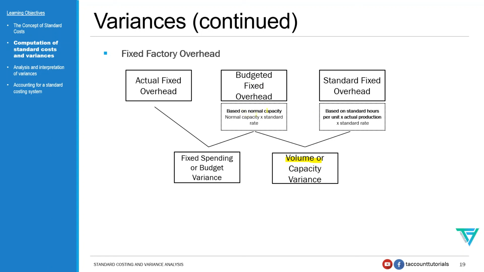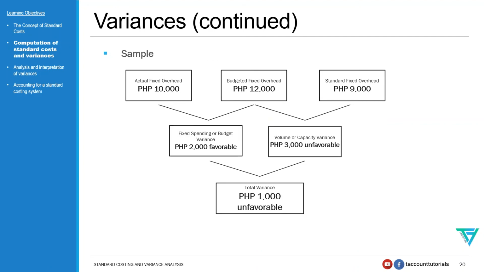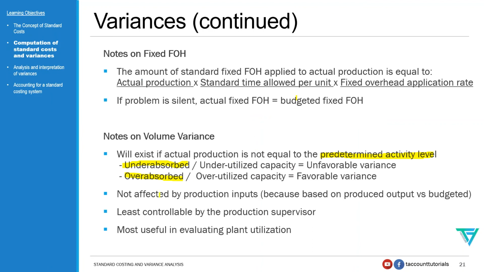And then based on our formulas here, we're actually already basing these on the normal capacity, meaning the output, as well as on the standard hours per unit of actual production, right? So in that sense, we are looking at the output of the plant or of the manufacturing line and no longer into the manufacturing inputs. Okay, so in that sense, it is not affected by production inputs, right?